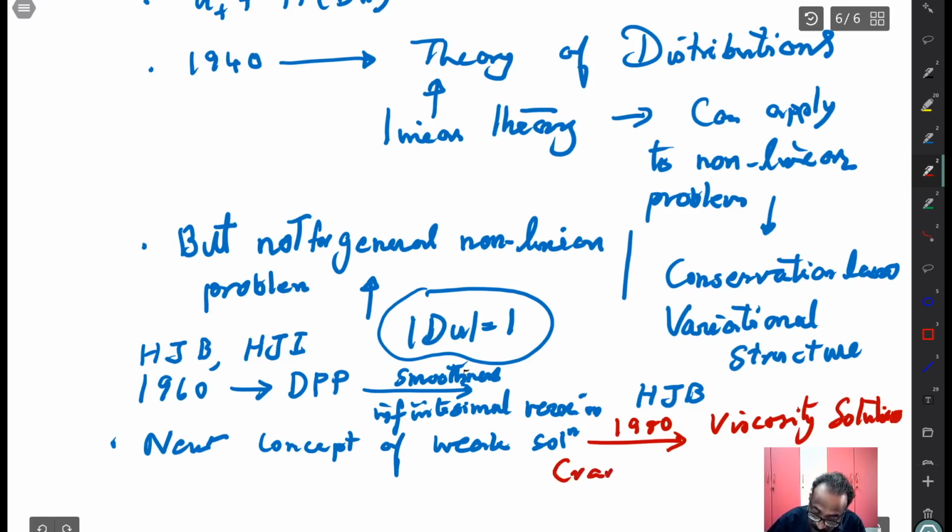You can see the nice articles by Crandall, which are hard to read, Lions, Evans, and many others. There are some good books in this direction, some of them referred to in our textbook, and there is a note in our book on Hamilton-Jacobi equations where some references are given.